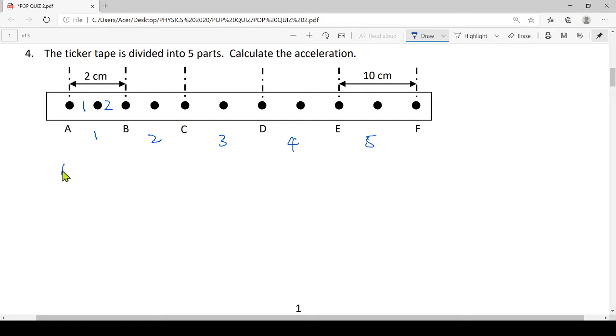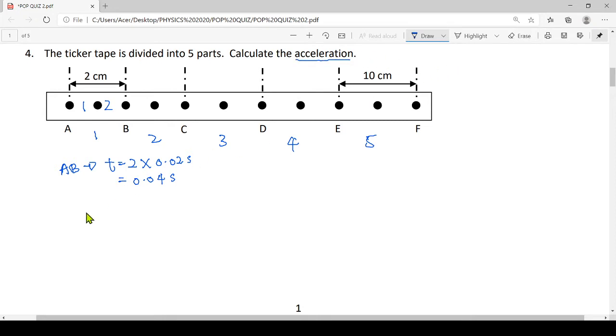Okay, so for strip AB, the time, 2 tick time, 0.2 second. So the time there is 0.04 second. Alright, you are to find the acceleration.